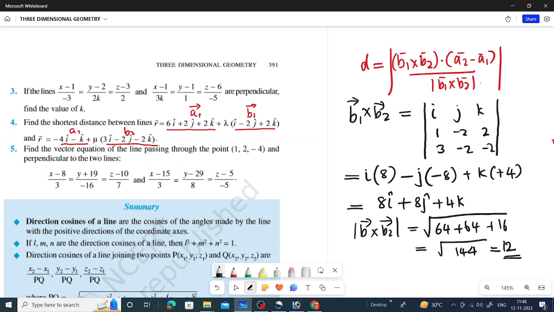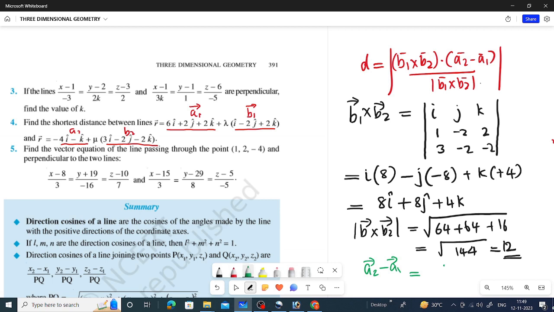What is a2 minus a1? That is the next point we have to find out. a2 minus a1. So this is your a2. a2 is minus 4i, and here b is i. Minus 4i minus 6i is minus 10i.